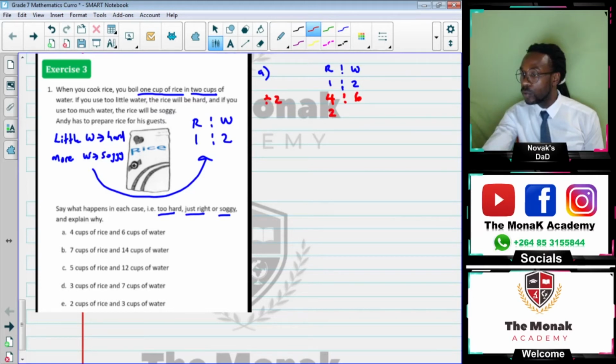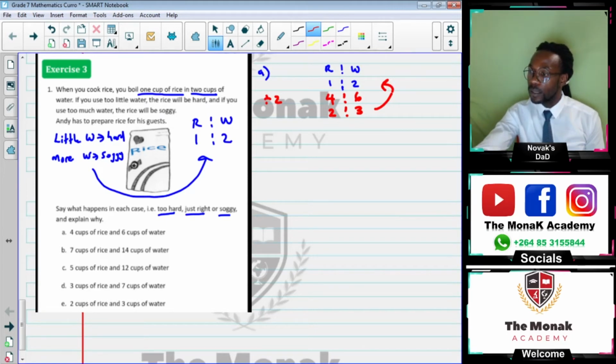You get 2:3. That's the simplest we can get it, and it's not helping us because we want to compare this with our original ratio so that we know whether it's too hard, just right, or something. So we simplify so that there is 1 on the left side.